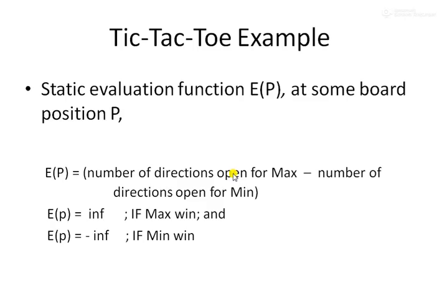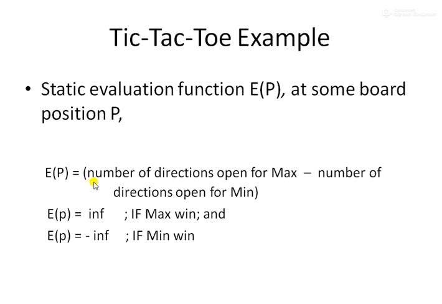So let us see another example of minimax in the tic-tac-toe game. In tic-tac-toe, presently we are considering a 3 by 3 matrix, and for max we'll put the cross mark, for min we'll put the 0 mark. Here one static evaluation function is used for some particular board position.